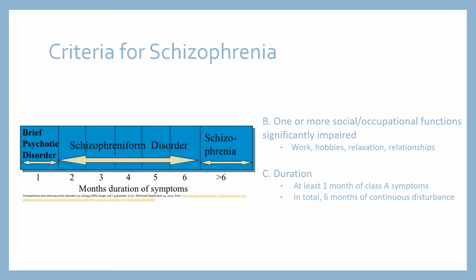Part B is whether a patient has one or more social or occupational functions that are significantly impaired. This includes the aspect of work, whether the patient is working as efficiently as before, hobbies, relaxation, if the patient is able to enjoy and relax as much as he or she would have liked, as well as maintaining relationships.